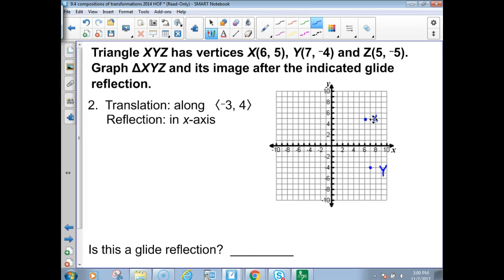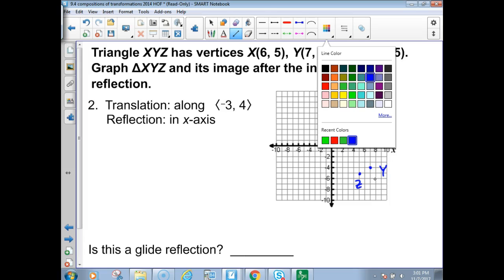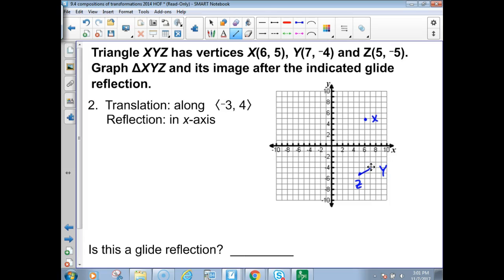So I'm just going to start off with my blue triangle again. Okay, and then I'll do my second thing again in red.